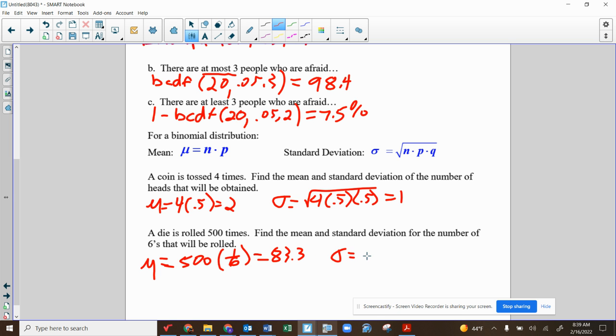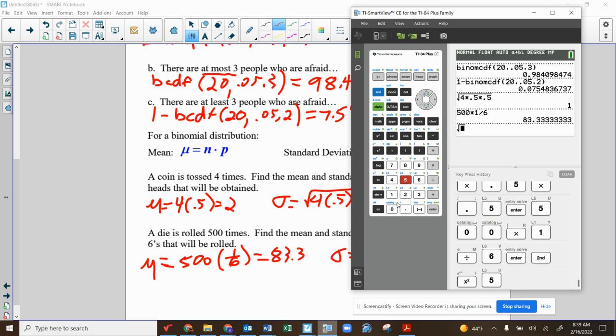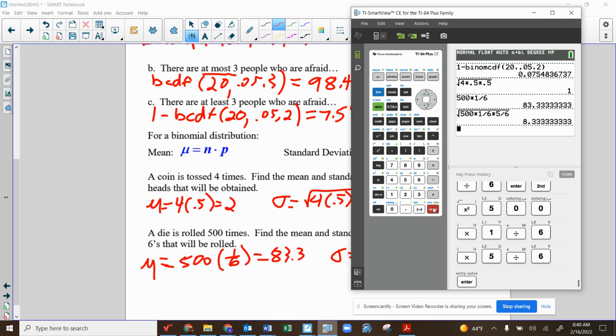And then the standard deviation, square root of 500 times 1/6 times 5/6. So 8.3.